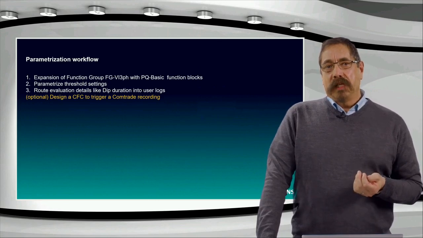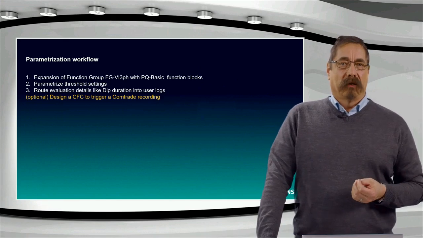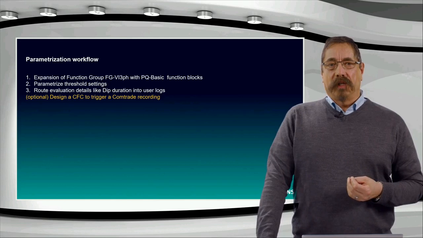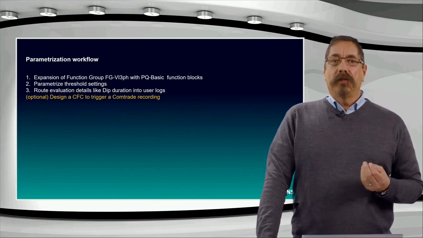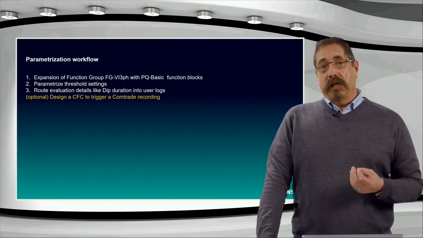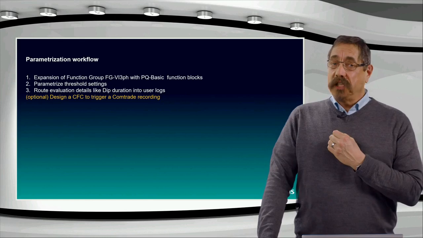Till now, we have seen the evaluation results in textual or numeric style. When you also want to have a graphical report of an event, you can trigger the internal fault recorder of your protection relay. I will explain how to parameterize such CFC trigger logic.